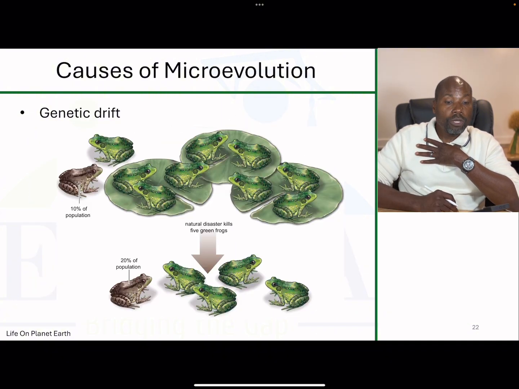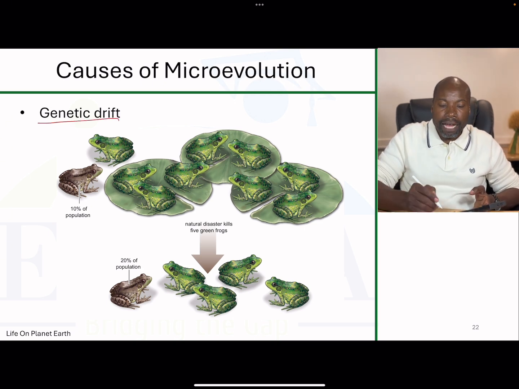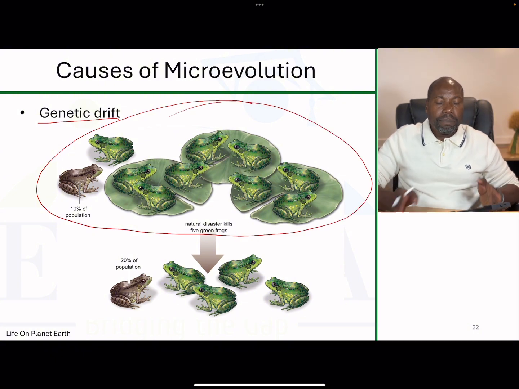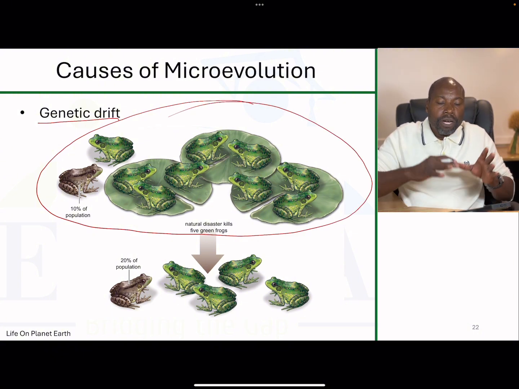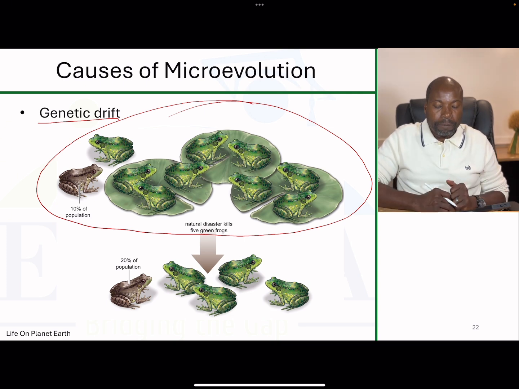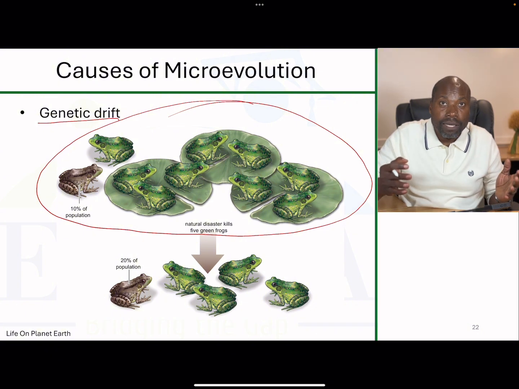Okay, another reason for microevolution is the genetic drift. Say we have a population here. That population is made up of a number of frogs with different phenotypes. Now, a catastrophe can happen.